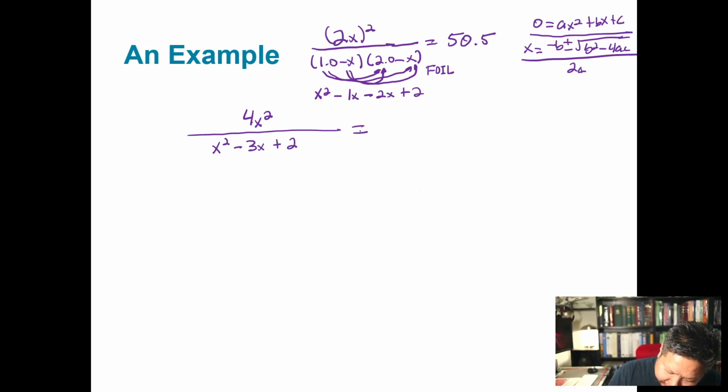And then all of this is still equal to 50.5. Okay, great. It's starting to look more and more like the quadratic form that we need.